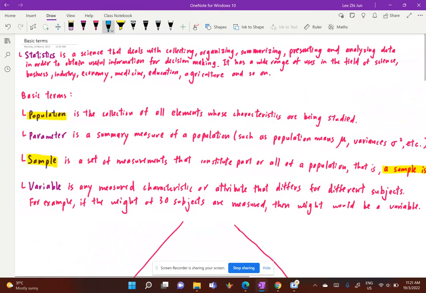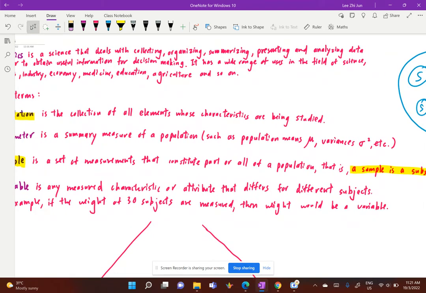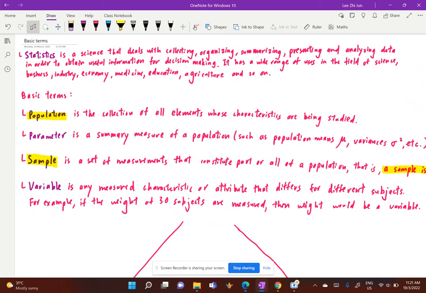And the last one, a variable, is any measure, characteristic, or attribute that differs for different subjects. For example, if the weight of 30 subjects is measured, the weight will be the variable.